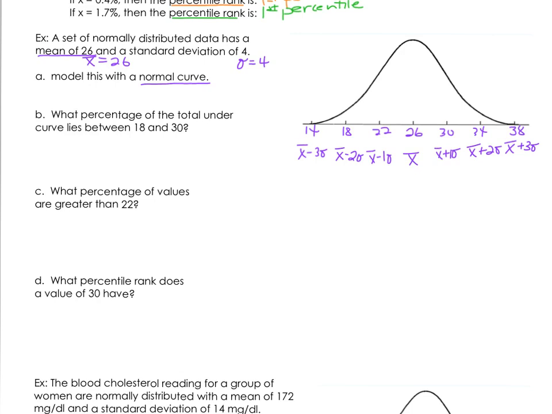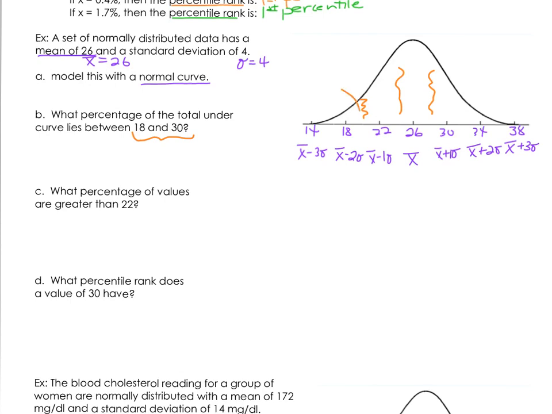As we answer the questions on the left, we have to think about those percentages we wrote down for the definition of the normal curve. Question B, what percentage of the total under the curve lies between 18 and 30? Between 18 and 30, I would have this column in the middle, this other column in the middle, and I would stop. I'd have those 3 columns.